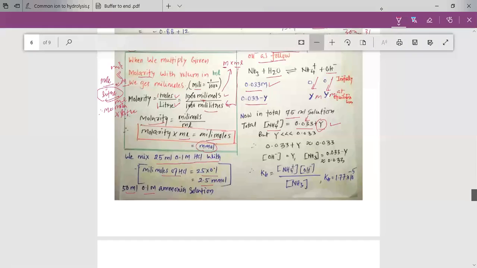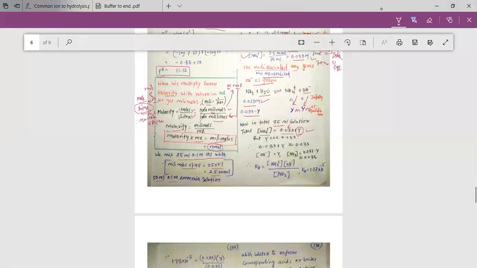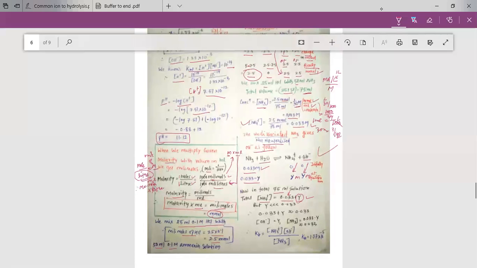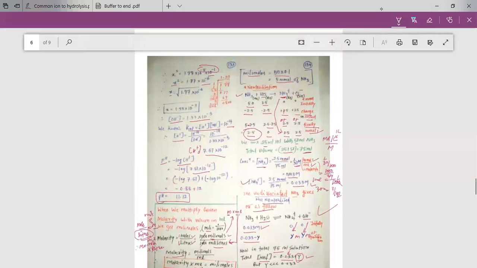If you don't understand, please don't feel shy to ask me. Let me explain it to you once again. The total concentration of NH4 plus is taken from this NH4 plus as well as this NH4 plus. When this reaction takes place, we had 5 millimoles of ammonia utilized, and we got 2.5 unreacted.